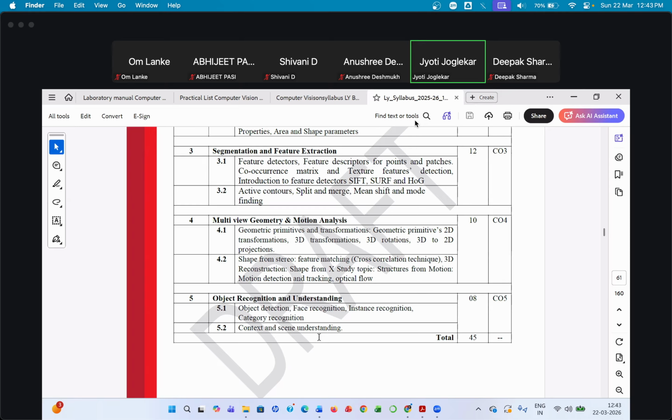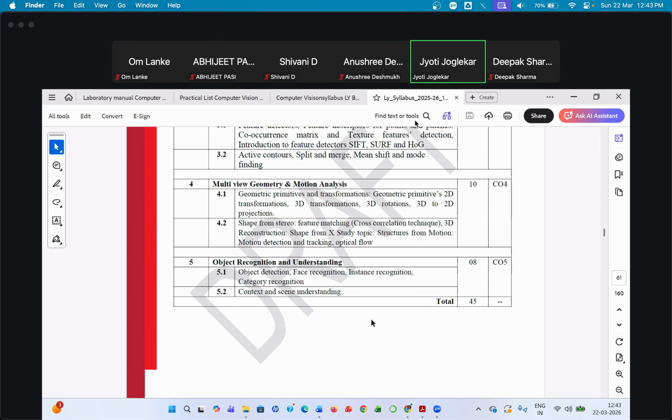Object recognition and understanding is where we are going to see different use cases like object detection with respect to agri-tech, health-tech, face recognition, and other use cases we are going to study in 5.1.